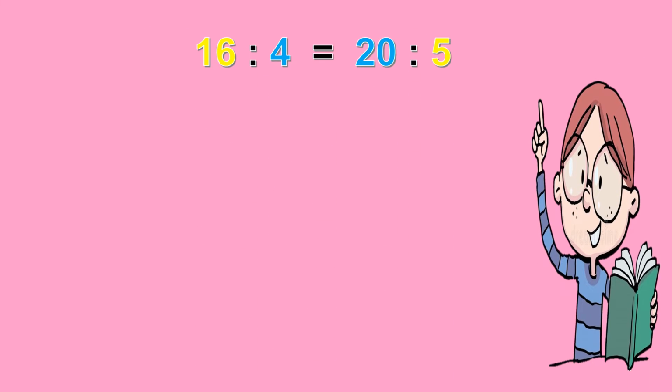Let's write the given ratio form in example number 1 into fraction form. 16/4 equals 20/5. Now, we will multiply the means and the extremes, or we can apply cross multiplication.